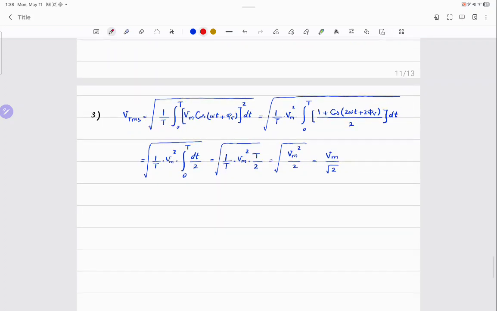A super important result. V effective or VRMS is equal to amplitude over root 2, or 0.707 times amplitude.